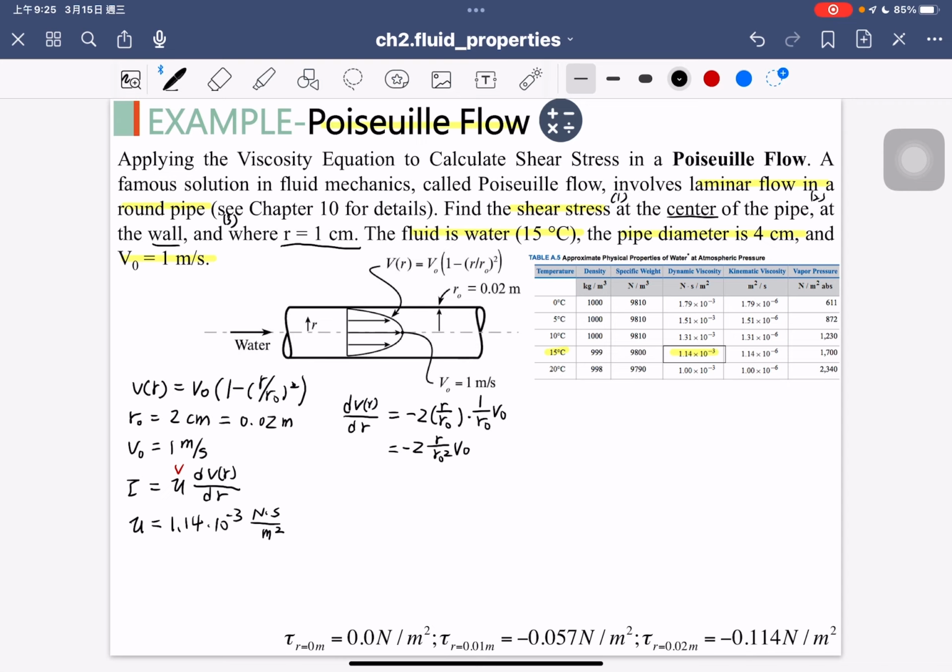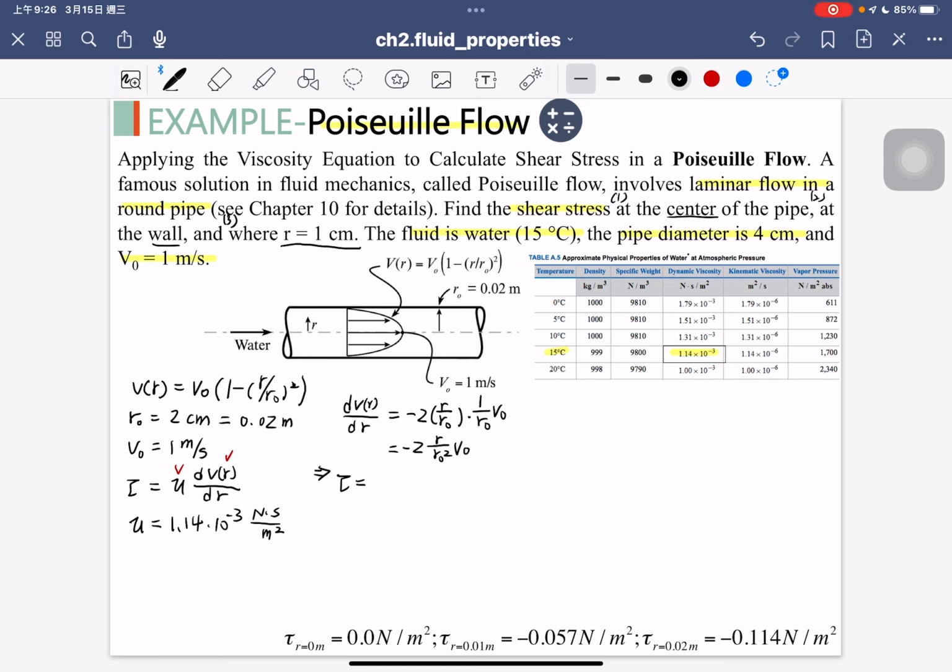Okay, so after we calculate the velocity gradient, we can try to build the formula for the shear stress. So again, based on the viscosity equation, we know that tau is equal to mu times the velocity gradient.